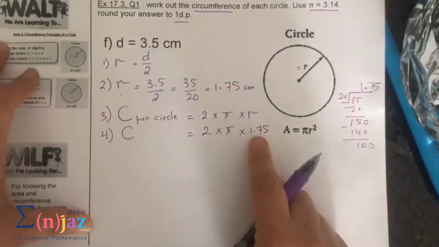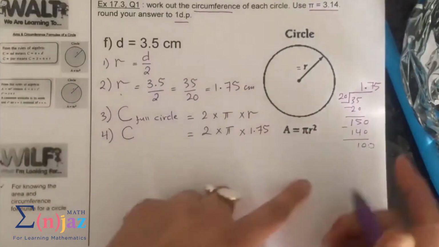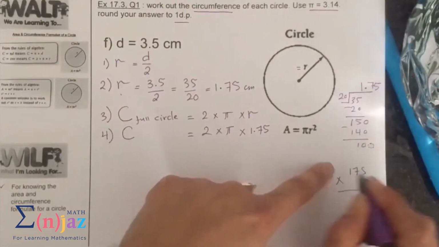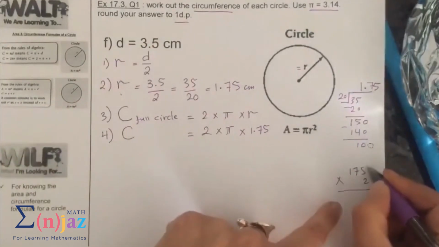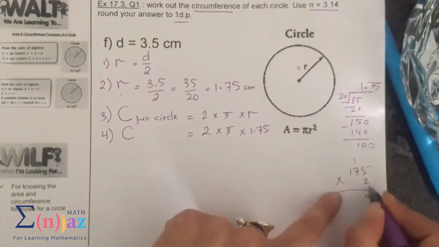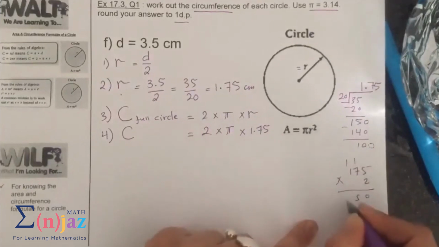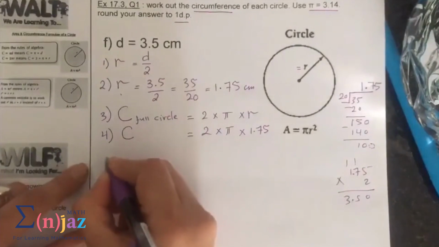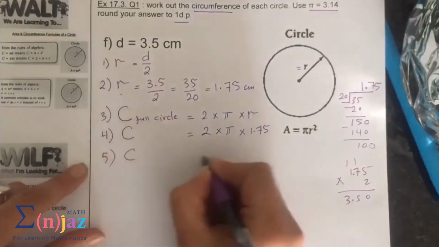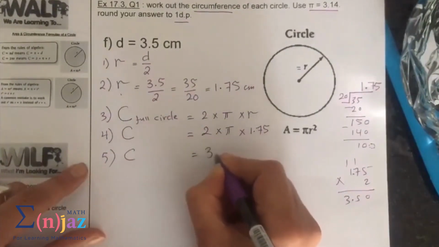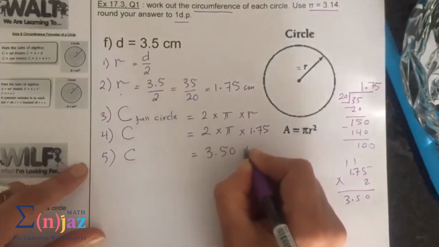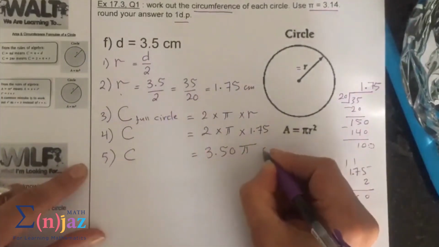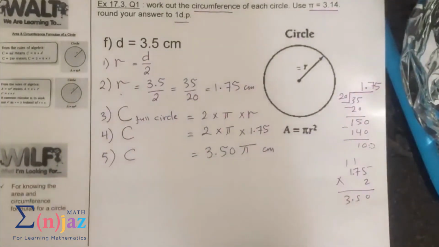So if you multiply 2 times 175, we know the answer is going to be 3.50. So C is going to be 3.50 pi, and the length of the arc is in centimeter, not centimeter squared.